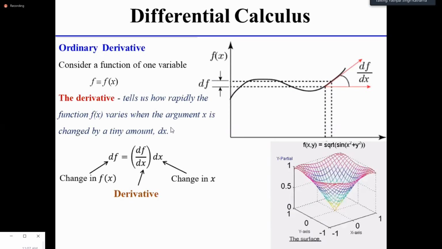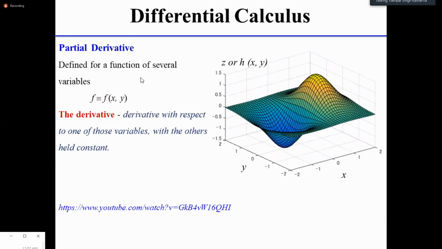So next thing that I hope you know is the partial derivative. In case of partial derivative, the function f can have arguments x, y, or even z. And in that case, when you take the derivative with respect to x, you consider all other arguments, all other variables, to remain constant. So we represent this derivative with del rather than d.